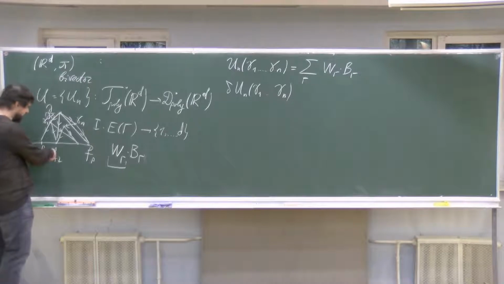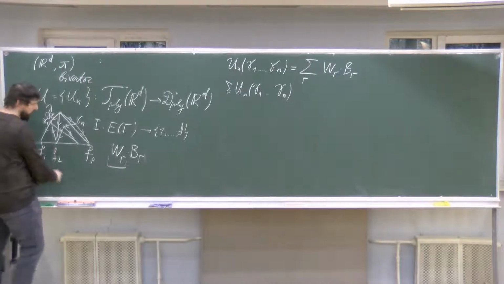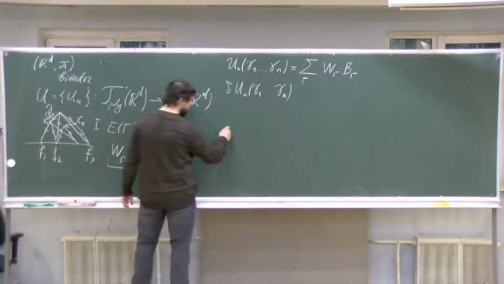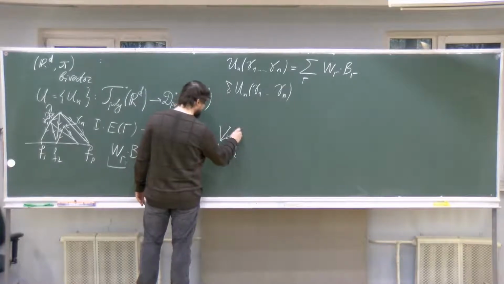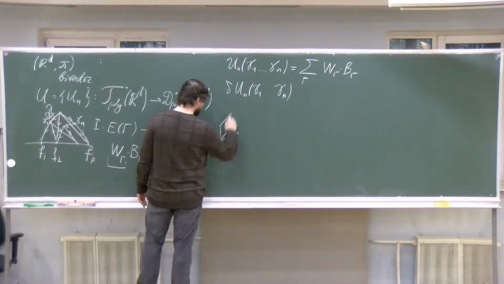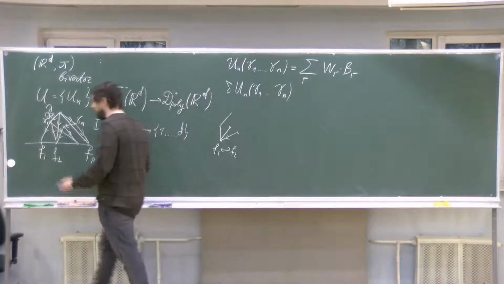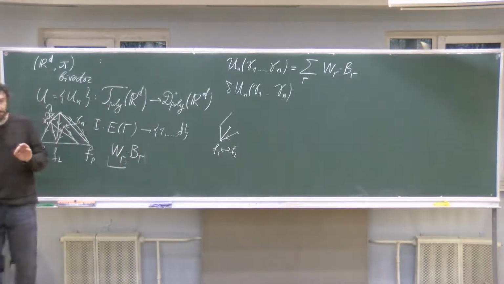So when you send these two points to the same point, you obtain a graph with one point less, and that gives you a new configuration space, a component of the boundary of the configuration space, which I explained in the previous lecture.